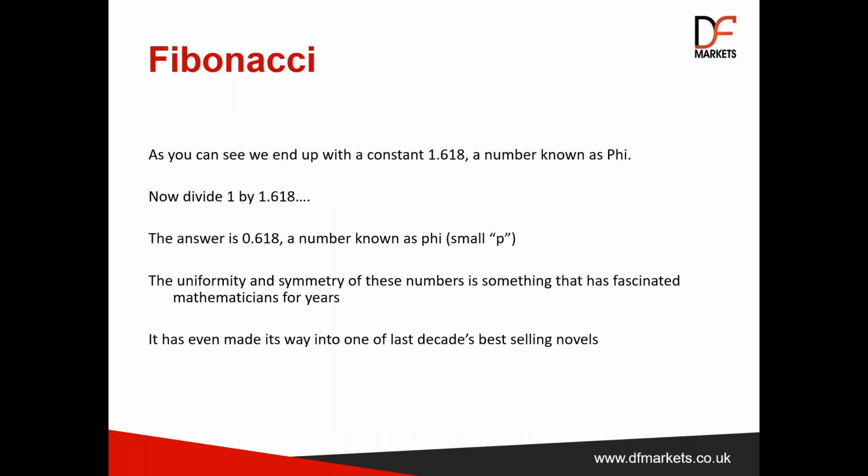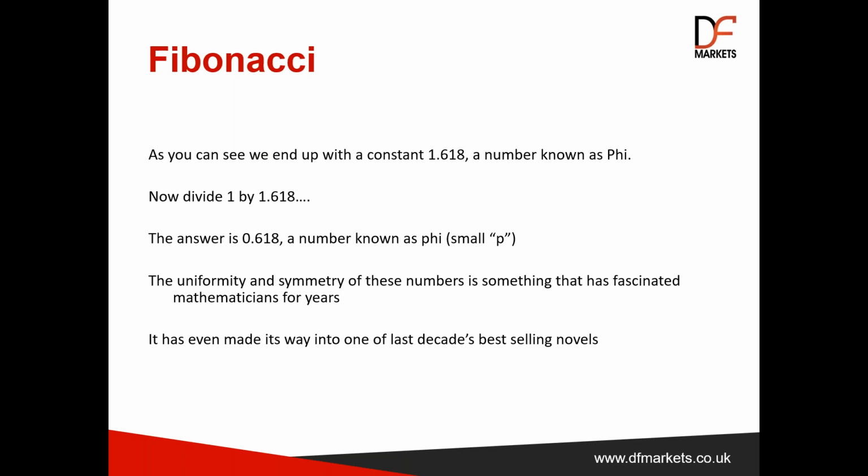And 1.618 is known as phi, P-H-I with a capital P. If we then go on and divide 1 by phi, 1.618, we get the answer of 0.618, a number known as phi, and is written with a small p. And so everything's all rather uniform and symmetrical, isn't it? And this has fascinated mathematicians for many, many years.